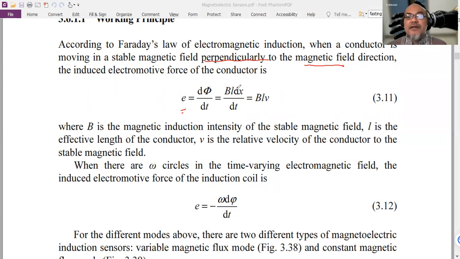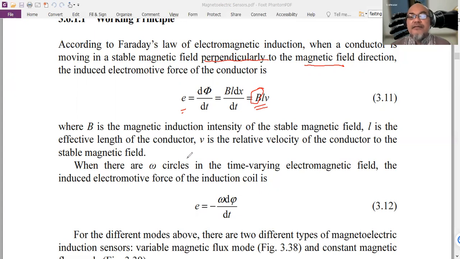The magnetic flux itself comes from the magnetic induction intensity B times the length of the conductor L, and x here is the change of relative position. So dx/dt is the relative velocity of the conductor in that stable magnetic field, v. The EMF is proportional to that velocity, to the magnetic field, and to the effective length of the conductor.